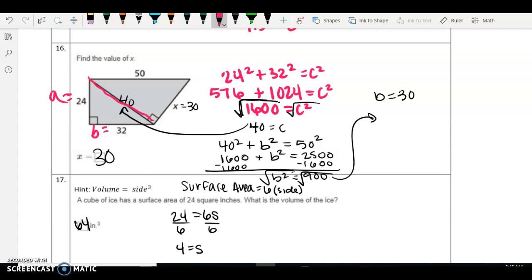Take the square root and I get 40. And then now that's my leg because my hypotenuse is across from my right angle, so we know it's going to equal 50 squared. So 40 squared plus b squared equals 50 squared. Subtract 1600 from both sides, and we get b squared equals 900. Take the square root, and we get 30.